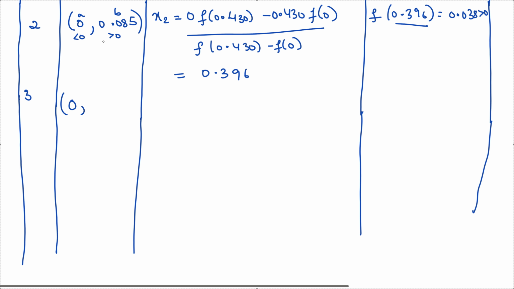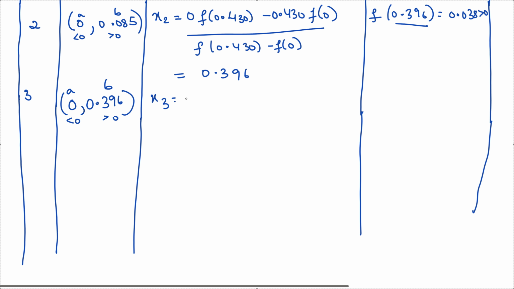So we are going to replace that with the new x value 0.396. If this was giving us less than 0, then we would have replaced 0 with it, because in the previous iteration that was giving us less than 0. Now this is A, this is B, this is less than 0, this is greater than 0.